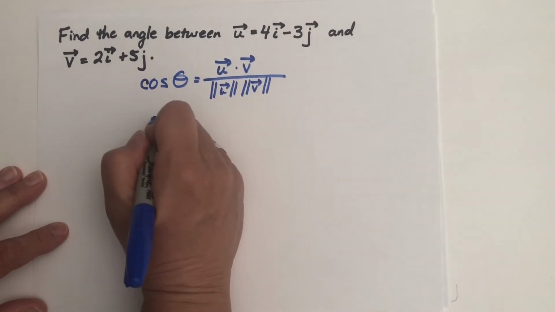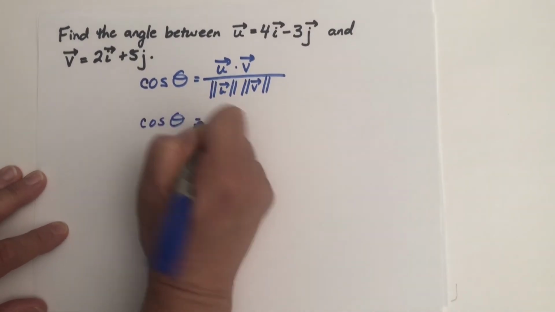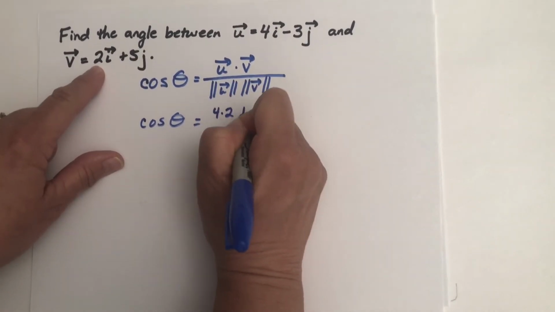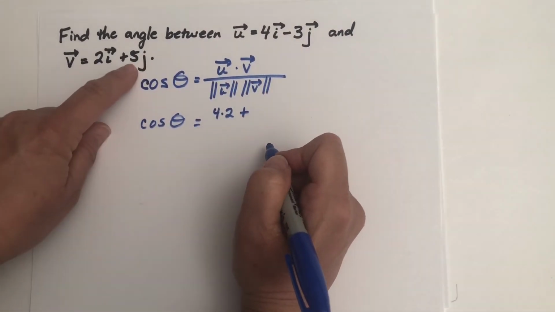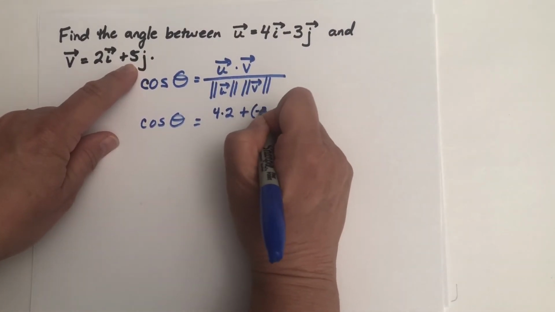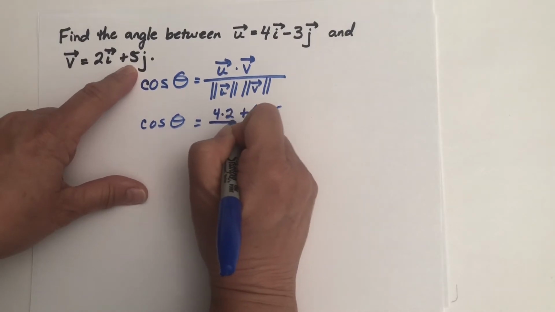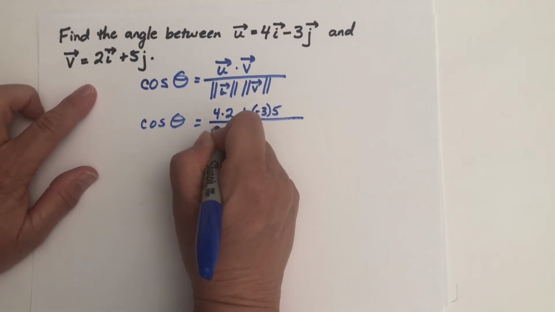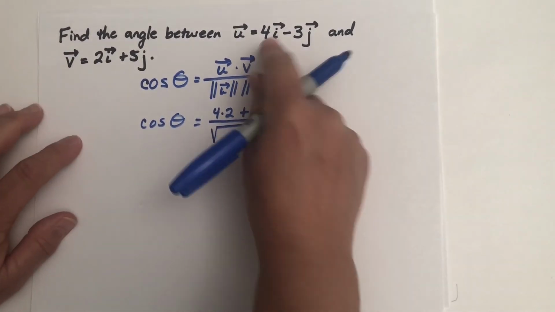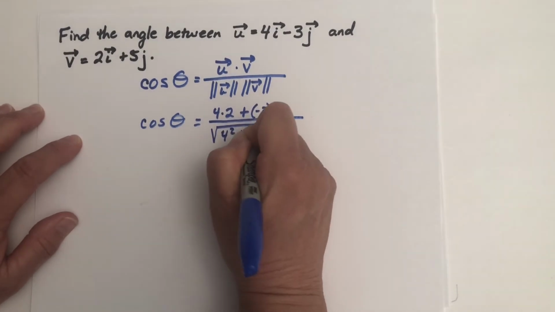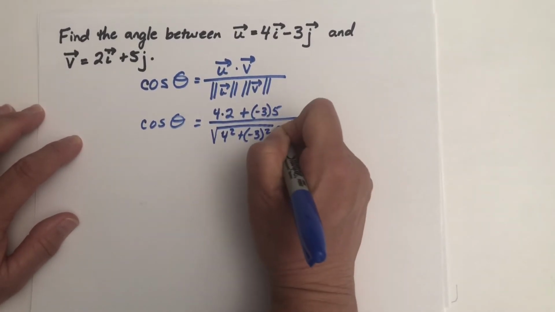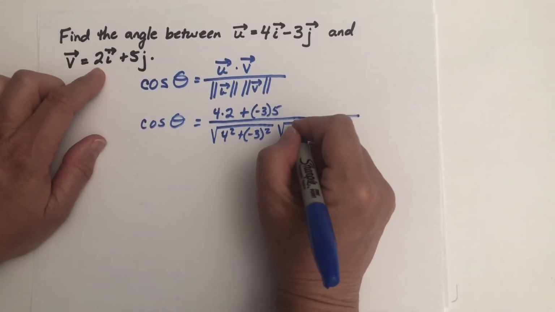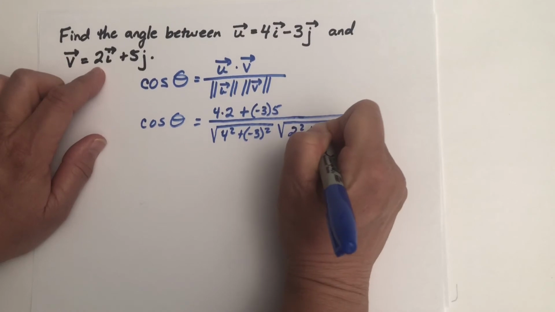We have the cosine of theta equals 4 times 2 plus -3 times 5 divided by, now we have some magnitudes to find, the square root of 4 squared plus -3 squared times the square root of 2 squared plus 5 squared.